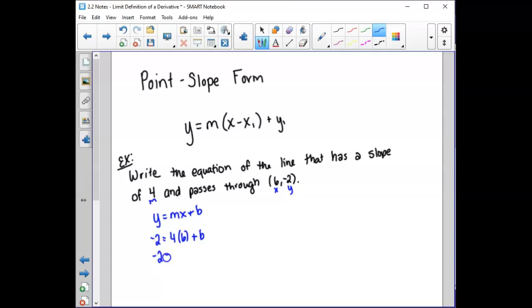So -2 equals 24 plus b, and then we'll subtract that 24, and so we'd get -26 for our y-intercept, and we would end up with y equals 4x minus 26 as our answer for that problem.